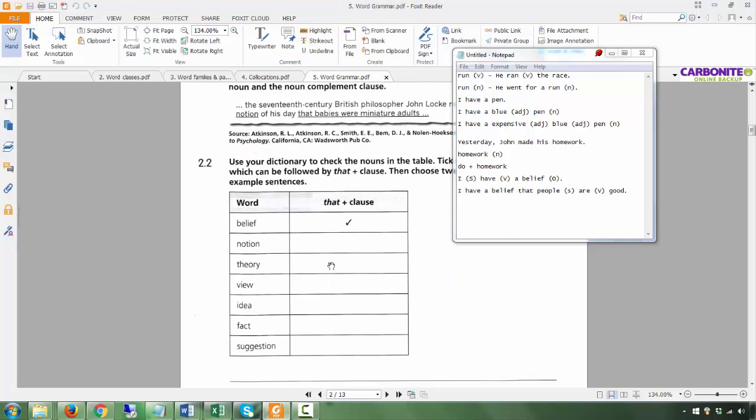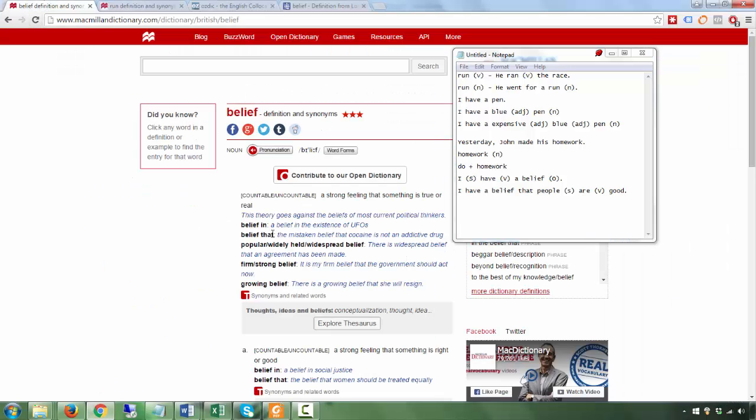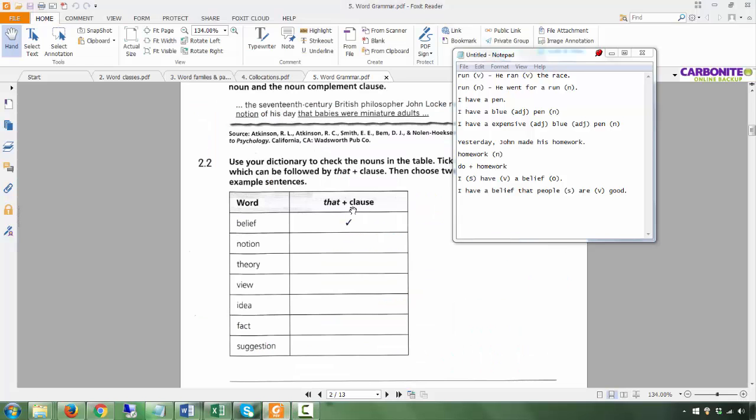So the activity here is to look at these words, put them in both Macmillan and Longman, because Longman will tell you a bit more. I think for some of these words, you put it in Macmillan, they don't have the pattern, but Longman has it. And then if there is that pattern, like belief, you just saw just now that there's that pattern, that plus clause, then just put a tick.